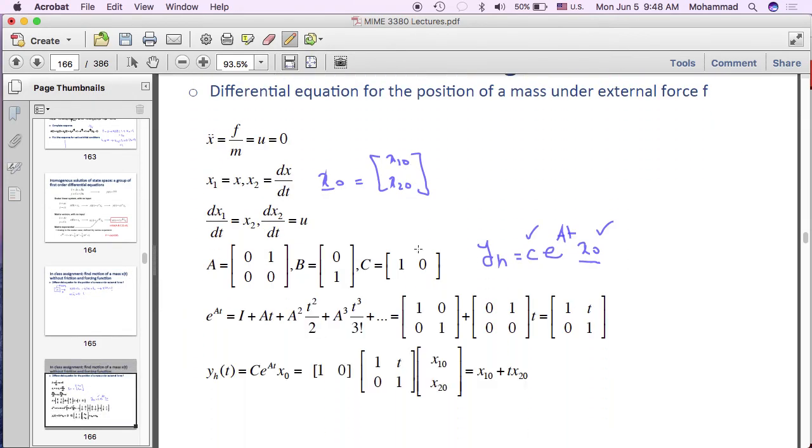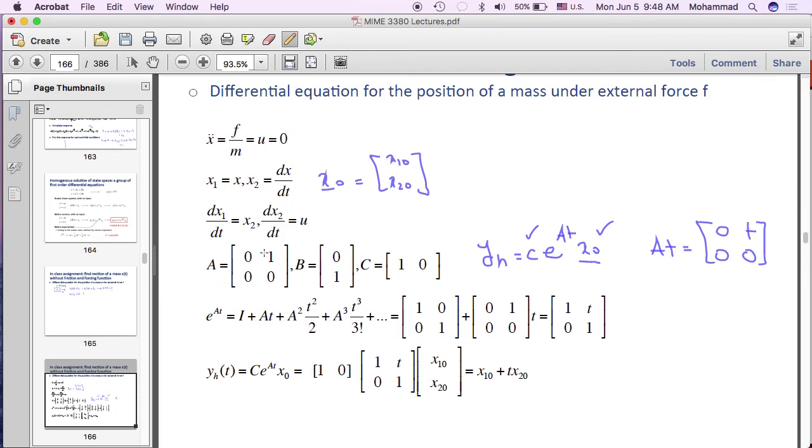So our matrix is AT. If A is this, AT would be 0, T, 0, 0. The only non-zero element that we have is 1, so that gets multiplied by T. Do you see that?